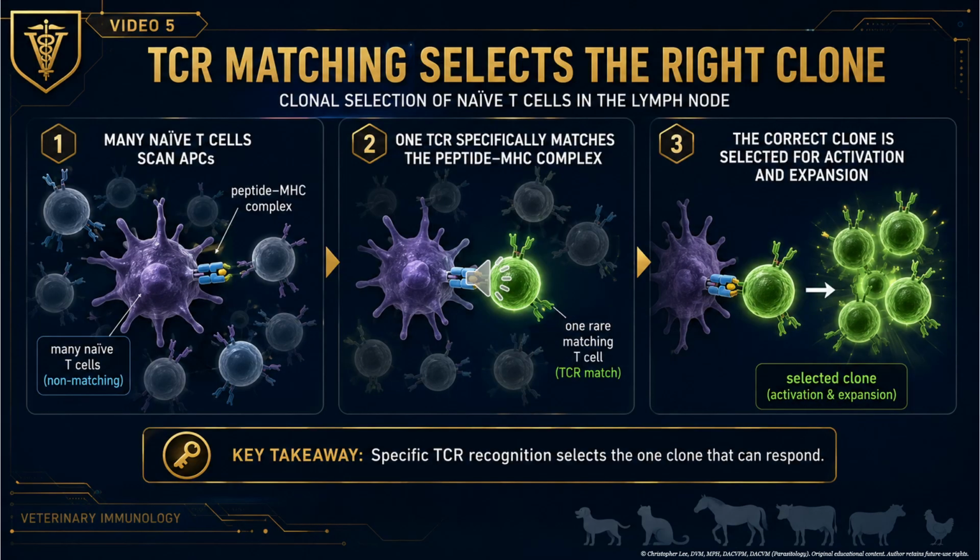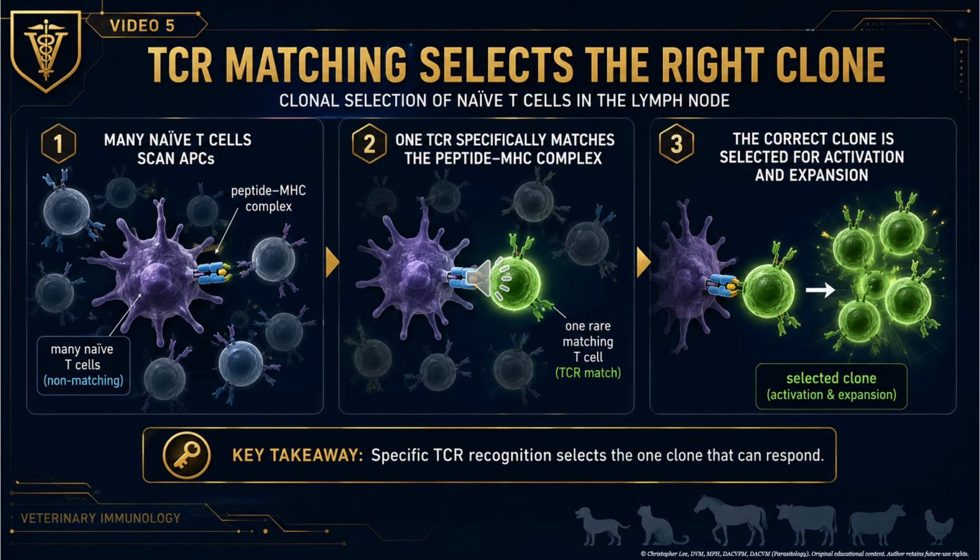Now let's get to the heart of clonal selection. The T cell receptor checks the peptide MHC complex. If the TCR does not match, the T cell moves on. If the TCR does match, the T cell is selected. Why is the word selection so important? The antigen does not create a brand new T cell from scratch.